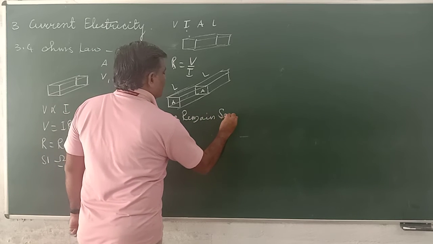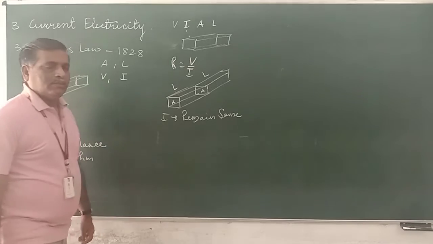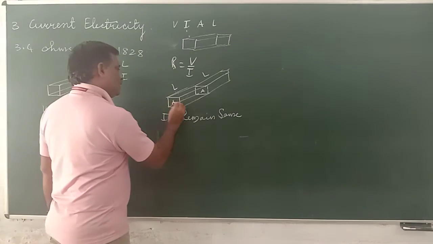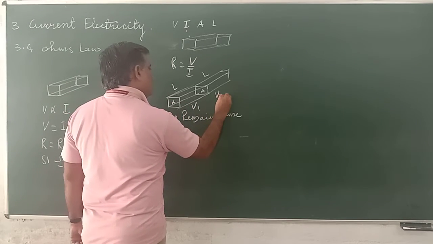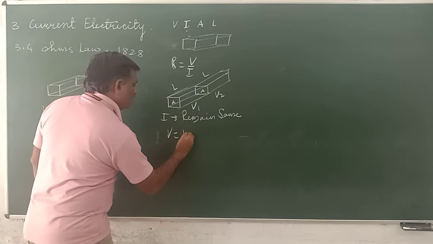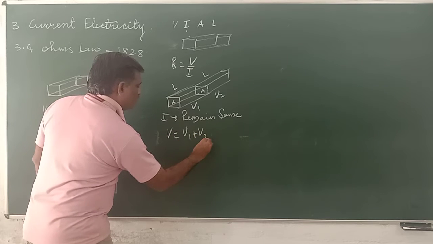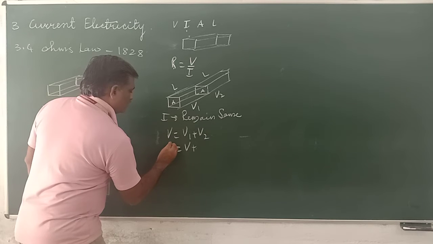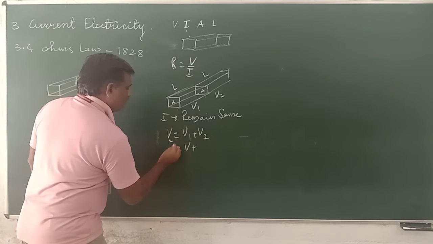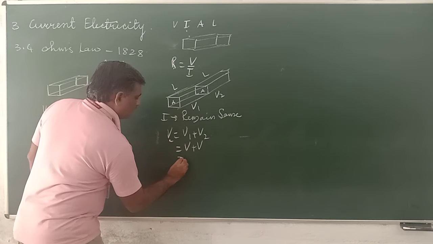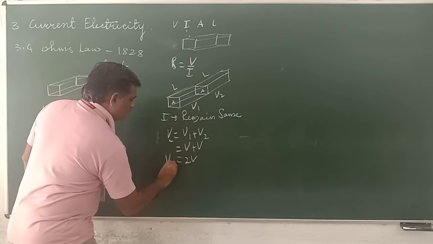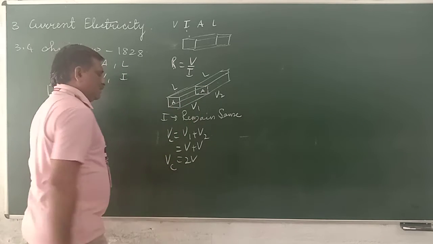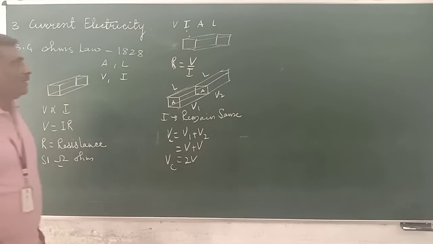But the potential across them is V1 and V2. Therefore, V is equal to V1 plus V2. Both are identical, so the combined potential becomes 2V.